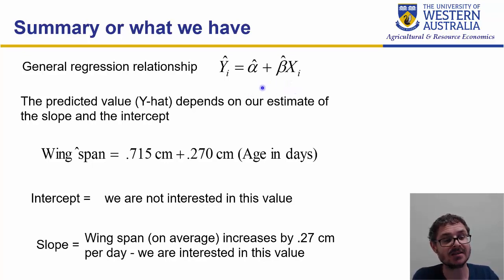And these little hats, so we say y hat, our predicted value, describe the average effect. Our predicted value depends on the estimate of the intercept and the slope. So our predicted wingspan, with a little hat, is equal to the intercept our model generated, plus our slope, which was 0.27 centimeters, times age in days. So on average, this is what is being described.